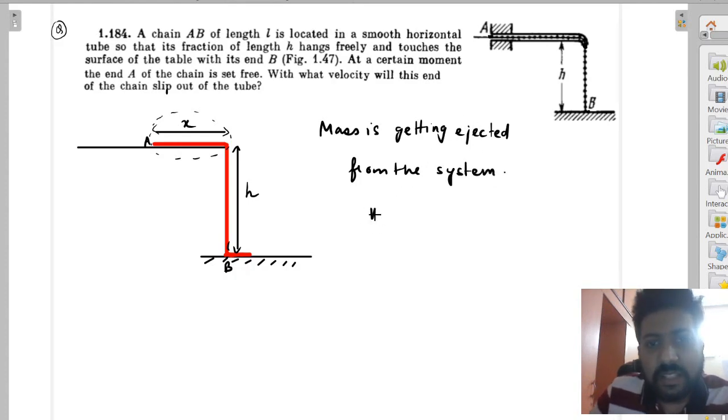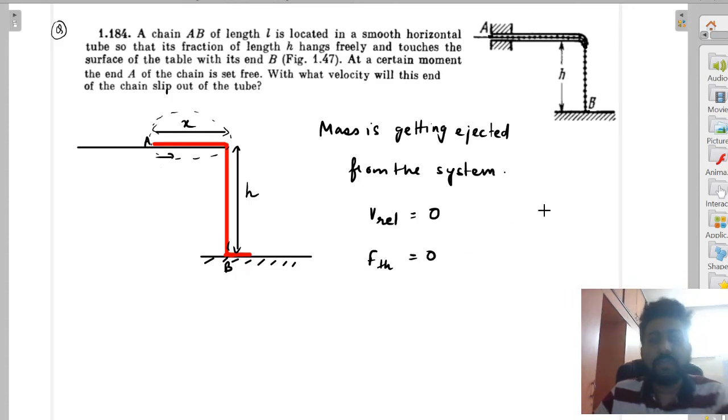Now, what is the relative velocity of the ejected mass with respect to the system? The system is moving with, suppose, velocity v, and the mass is getting ejected with the same velocity. Therefore, you will say that the relative velocity is 0. Since the relative velocity is 0, there is no thrust force.